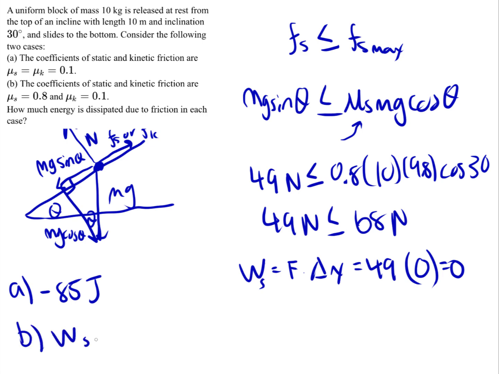And this is always true for static friction, as static friction only acts when the item is not moving and therefore does no work. And this is how you would solve this problem here.